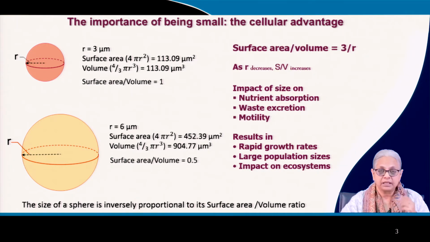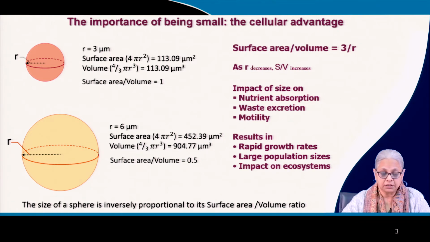Now we can make any assumption. You can say the radius is 1 micron, 3 microns, or 6 microns. So we have a comparison here of two different organisms. The radius in the first case is 3 microns, and in the second case it is 6 microns. So you have the surface area and the volume.